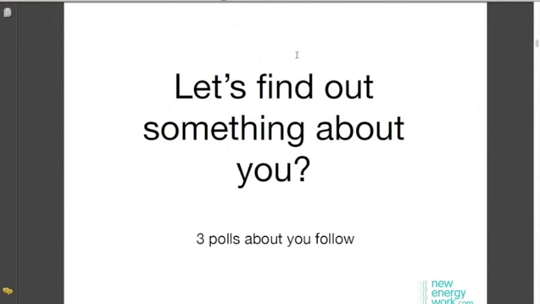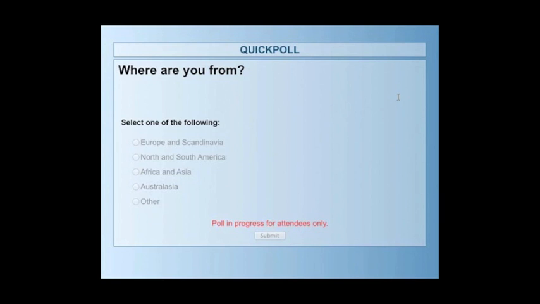So the first thing is, let's find out where you're from. We've got over 60 people registered on now, so let's see where you're from. Wow, everyone's very fast today. We've had 80% of everyone voted already. Well, very European this time.